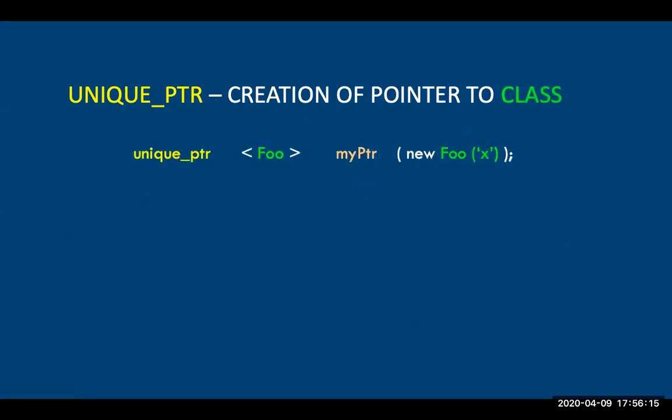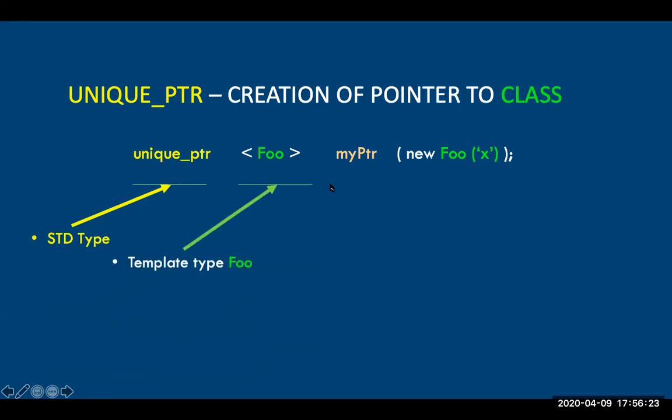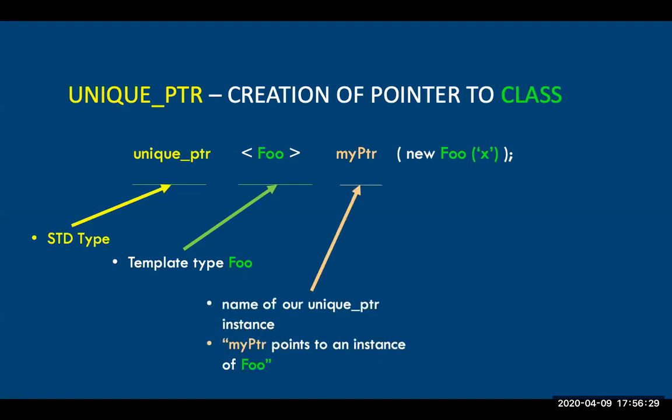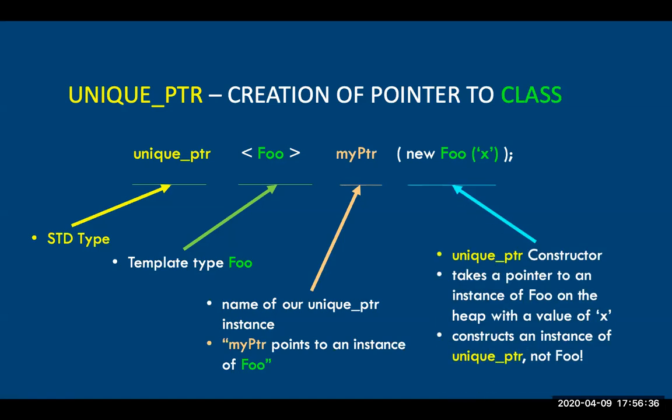So if we were to create a unique pointer to an instance of a class, it'd be something like this. We have our class type, which is unique_ptr, the template, which is what this pointer is managing, what kind of data, it's an instance of Foo, the name of the variable, if you will, so it'll be the name of my instance of unique pointer, and then how I'm going to call the constructor with new, because I want to pass in a pointer to Foo, right?